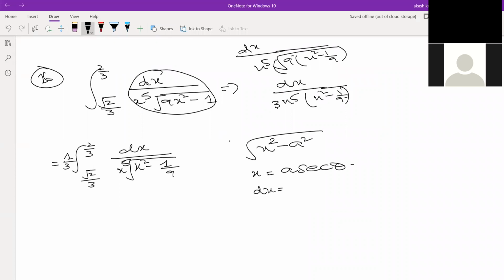And my dx will become, okay, my a is now 1 over 3, so it becomes 1 over 3, and the derivative of sec theta is sec theta tan theta d theta.